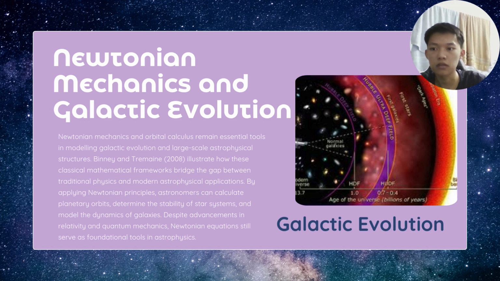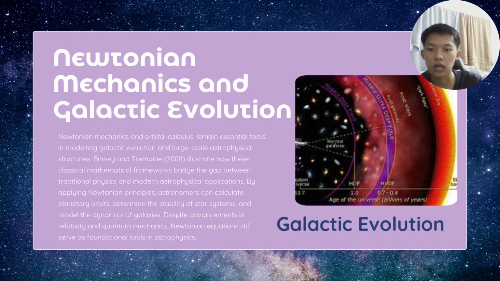Binney and Tremaine illustrate how these frameworks bridge the gap between traditional physics and modern astrophysical applications, enabling astronomers to calculate gravitational interactions, determine the stability of star systems, and predict the motion of celestial bodies with high accuracy. Newton's law of universal gravitation explains how massive objects attract each other, while Kepler's laws, derived from Newtonian mechanics, describe planetary motion around the stars.